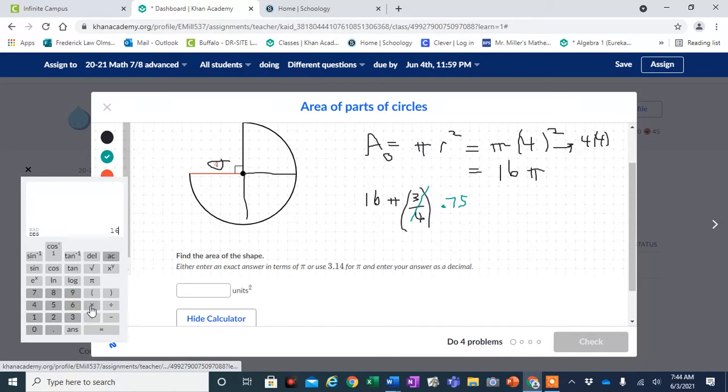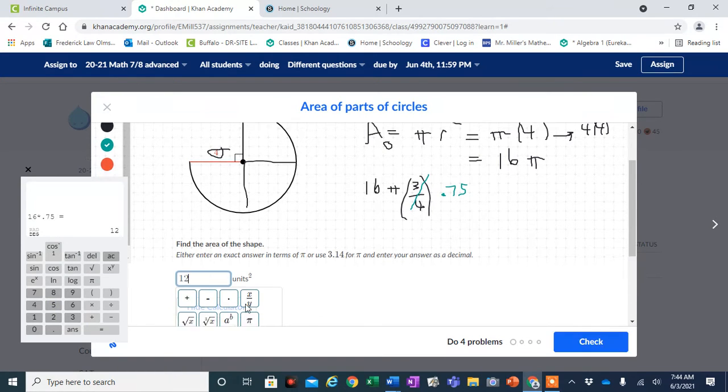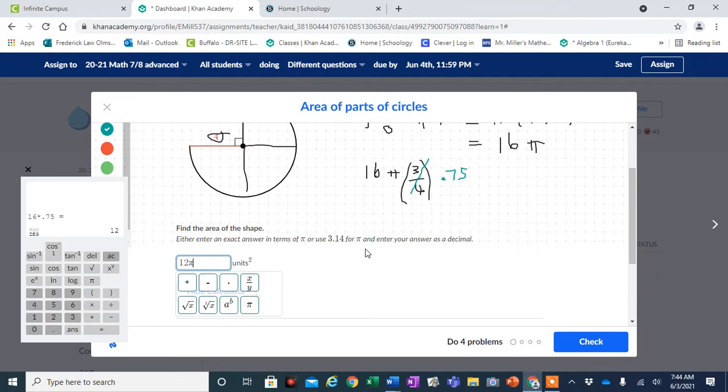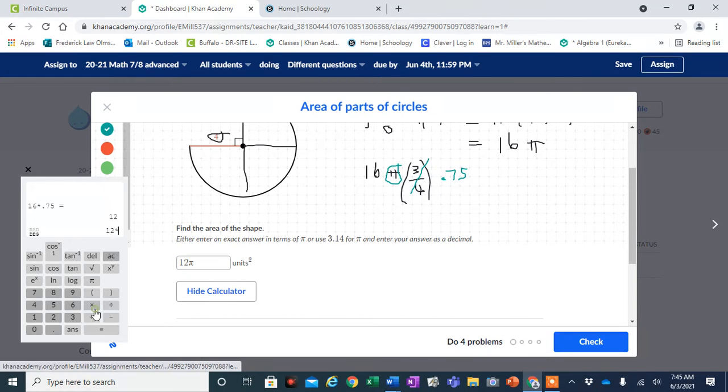With my calculator, I would do 16 times 0.75. That gives me 12. So my answer is 12 pi, because you need to make sure that you keep the pi symbol. If you wanted a different answer, you could use 3.14. You would do 12 times 3.14, and you could have typed 37.68. Either one would have worked.